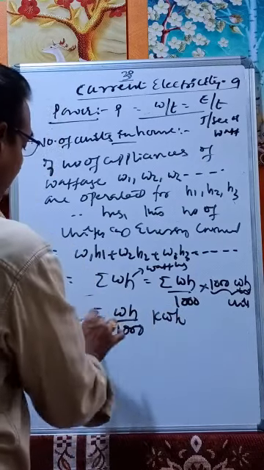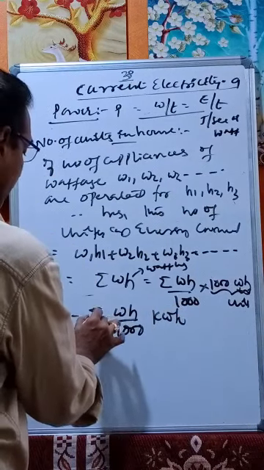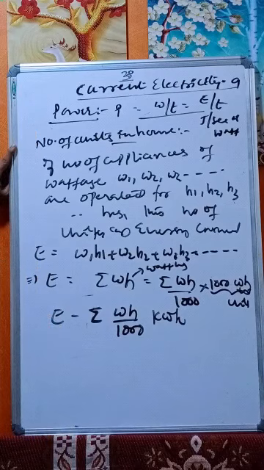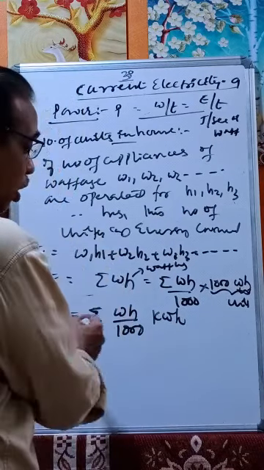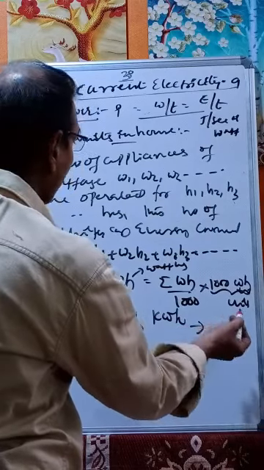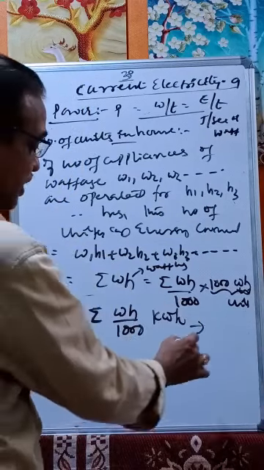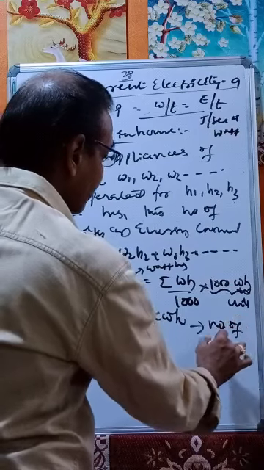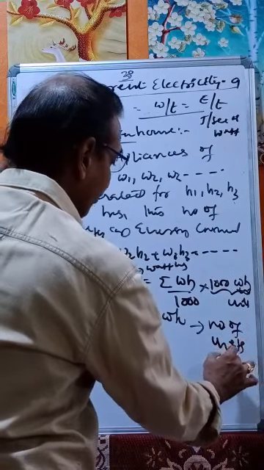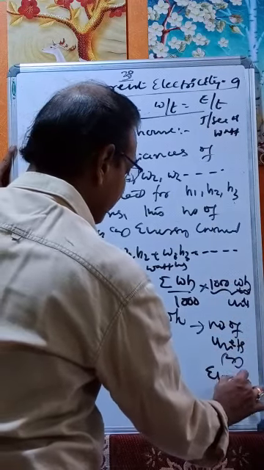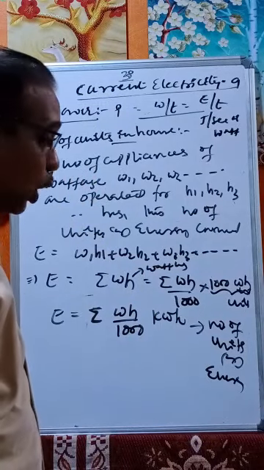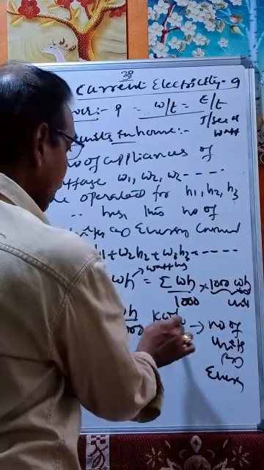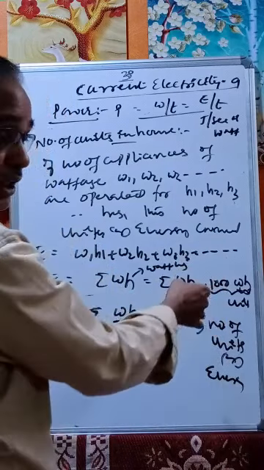This means the energy consumed or number of units is given by sigma over WH by 1000 kilowatt hours, because to get kilowatt we divide by 1000.